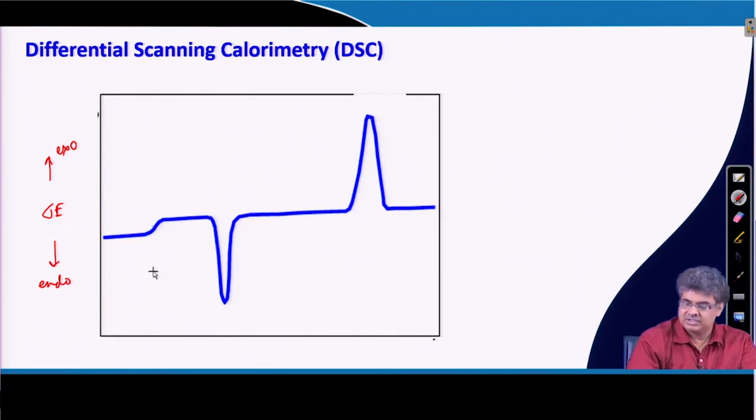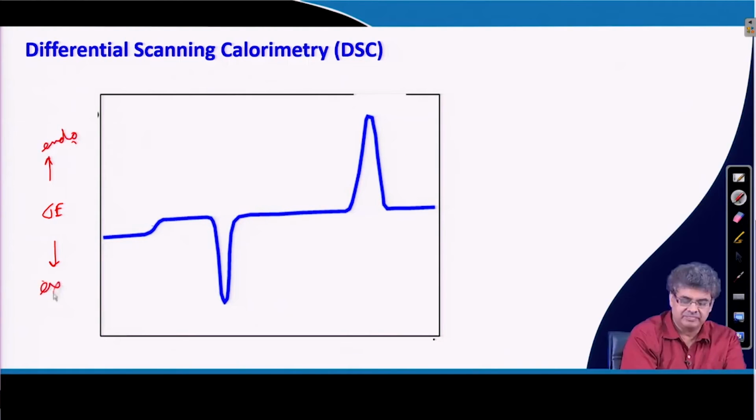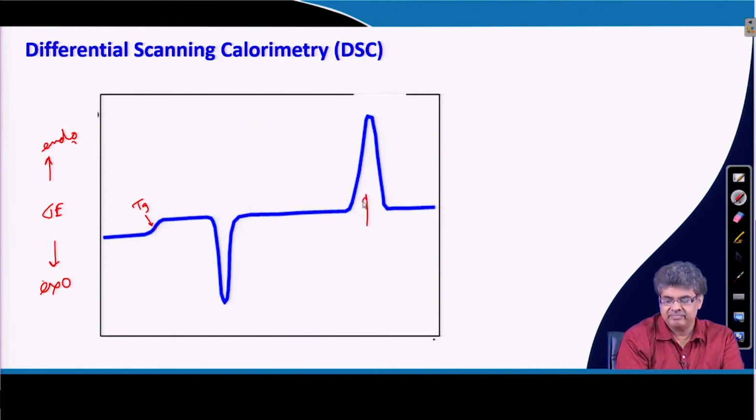This is endo and this is exo, like before. In this case, the midpoint of this is Tg and this is Tm.